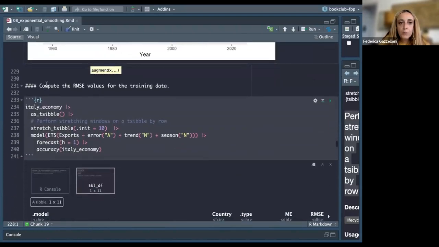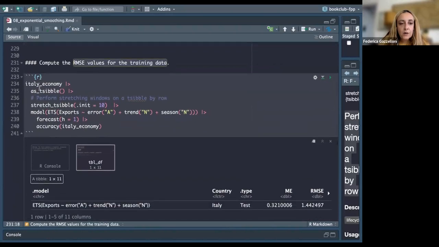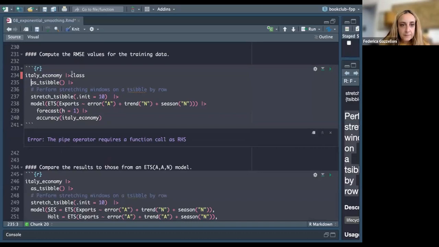It says then compute the RMSE values for the training data. Okay, so I use a TS table to make sure, because this is a table, but if I do class, you can see that we have different options. So it's a table, time series, table, data frame.